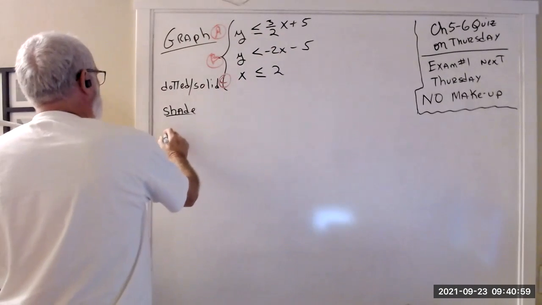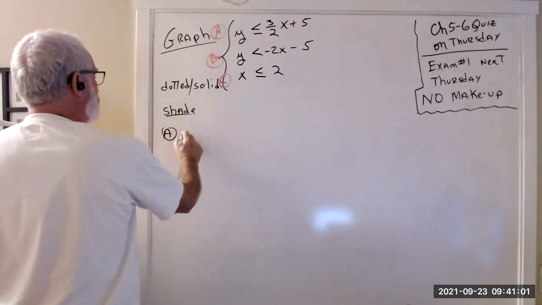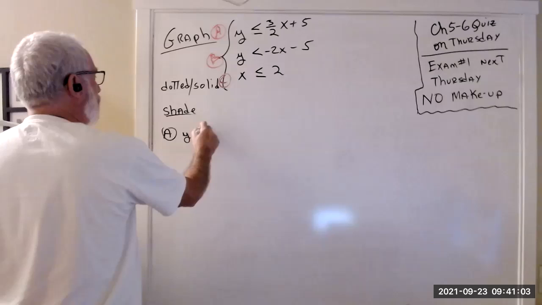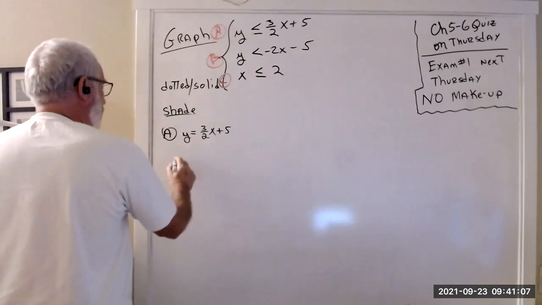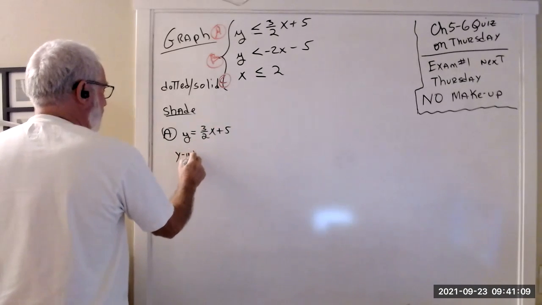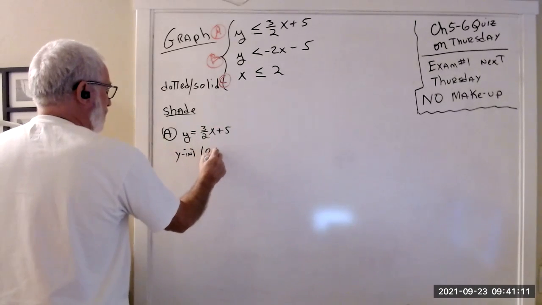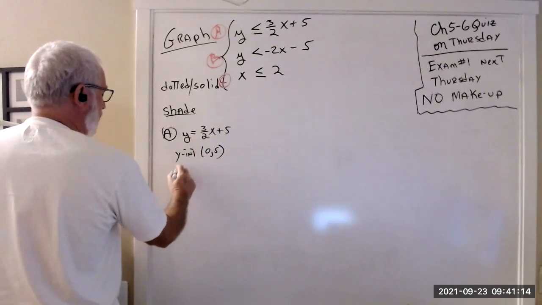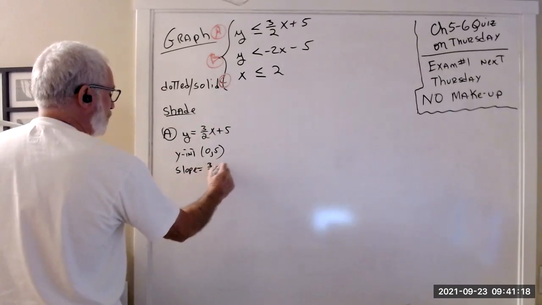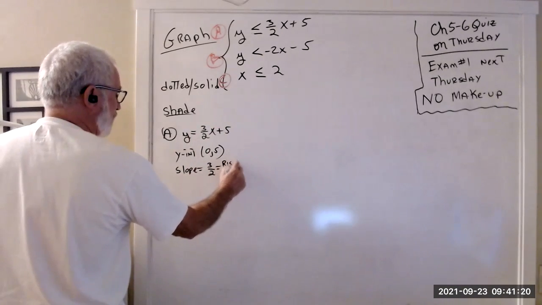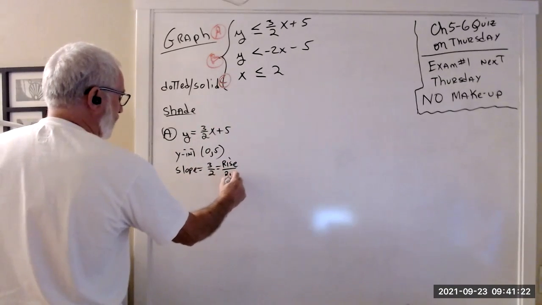So if we take equation A, and we think of it as y equals 3/2 x plus 5, we get the y-intercept is (0, 5), and we get the slope is 3/2, which we almost always think of as rise over run.